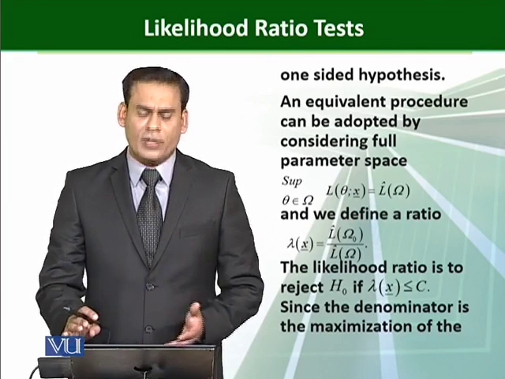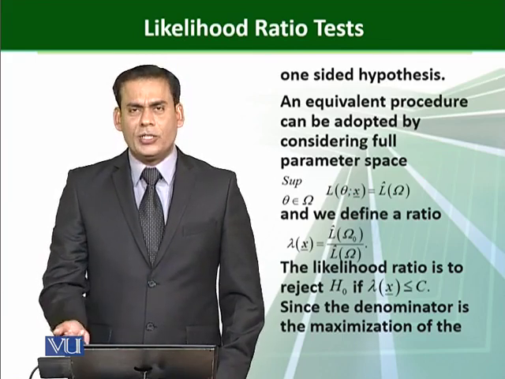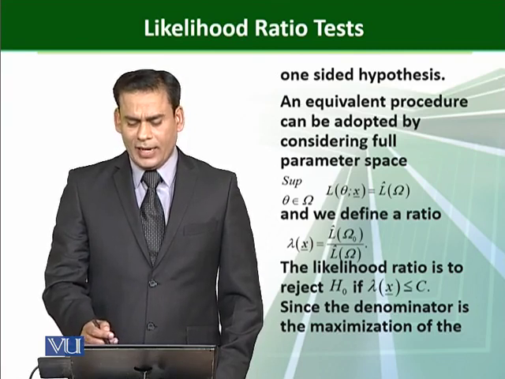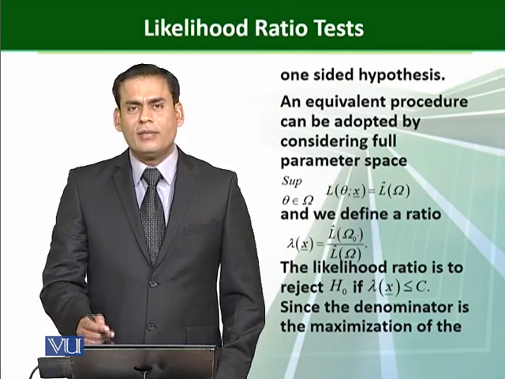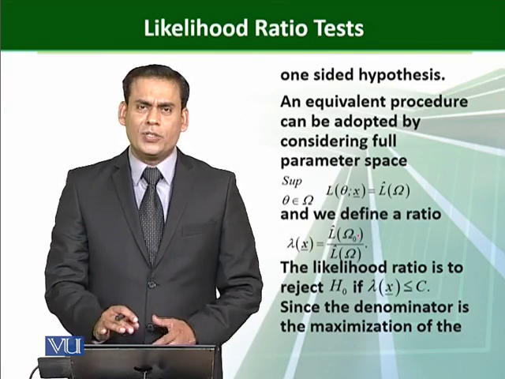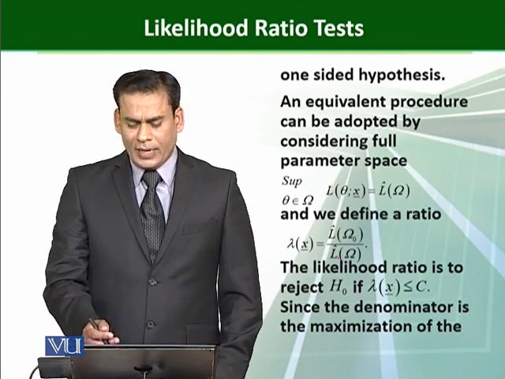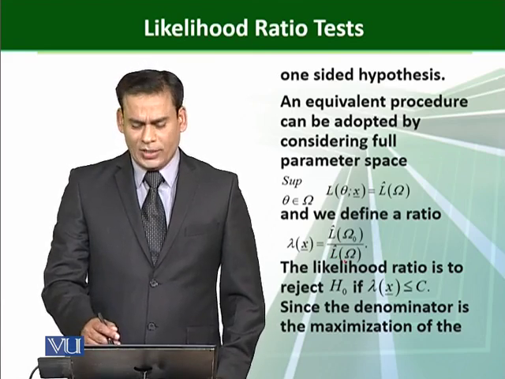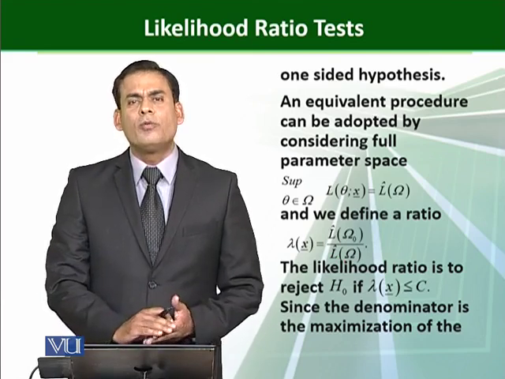This is denoted by L hat capital gamma, and it is based on the full likelihood function. So we define the ratio now, lambda(x), which is L hat gamma naught, based on the null hypothesis, divided by L hat capital gamma, which is based on the full parameter space.